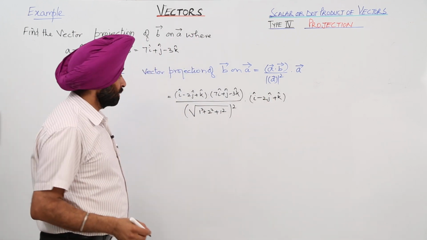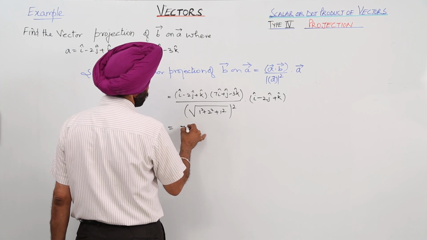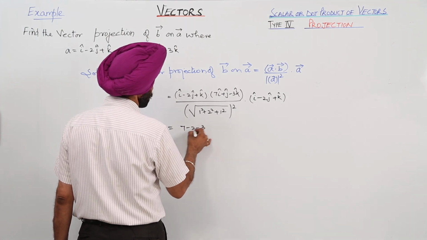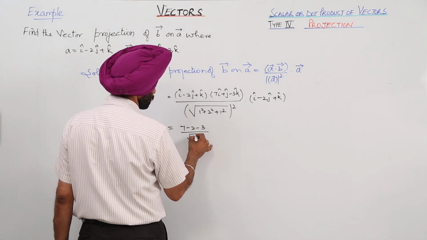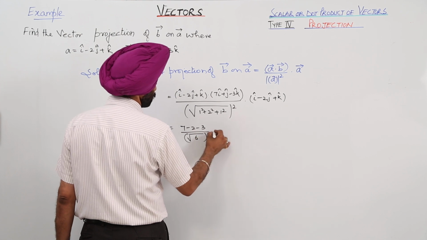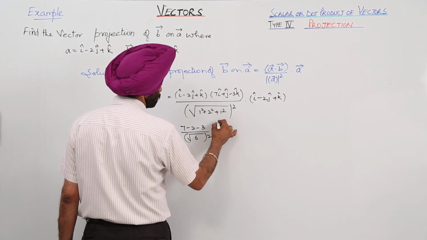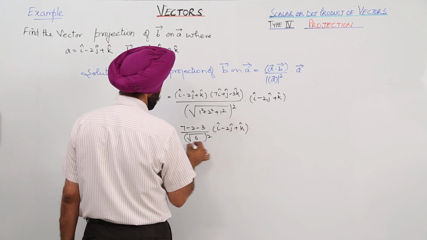Is it clear? So now this becomes (7 minus 2 minus 3) upon the square root of 6, whole square, times (I cap minus 2 j cap) plus k cap.